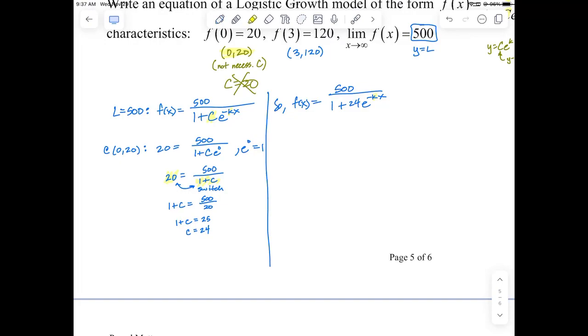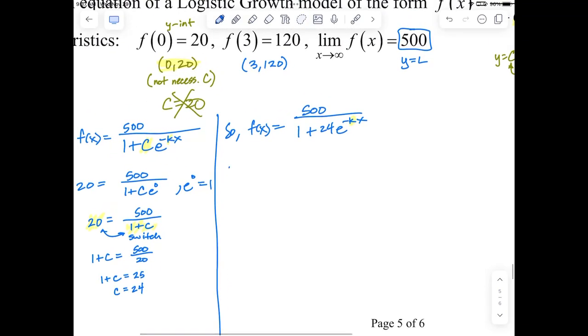So I need one more piece of information. Do I have one more piece of information? I do. At the point 3 comma 120, I get 120 equals 500 all over 1 plus 24 e to the negative 3k. I'm plugging in a 3 for x, so it's negative k times 3, which is negative 3k.